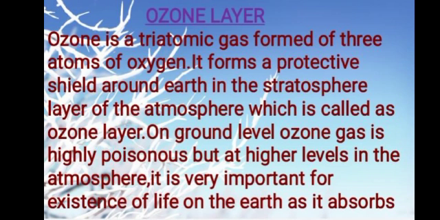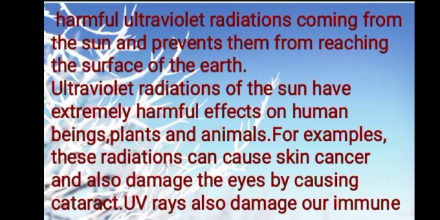On ground level, ozone gas is highly poisonous, but at higher levels in the atmosphere, it is very important for existence of life on the Earth, as it absorbs harmful ultraviolet radiations coming from the sun and prevents them from reaching the surface of the Earth.